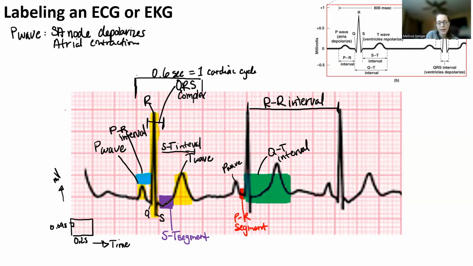So our P to R interval is basically telling us what's happening with depolarization of the SA node and how that's traveling all the way down to the AV node and then the AV bundle. That's basically what that's telling us. So our P to R interval is going to be SA node to AV node.